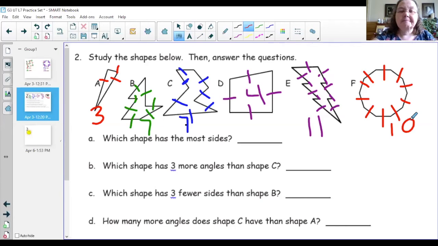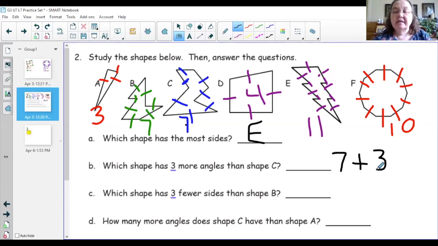Okay, let's look at A. It says, which shape has the most sides? Did you choose E? Because E has 11. Then it says, which shape has 3 more angles than shape C? Well, I see that shape C has 7 angles, and it says 3 more angles. So what does that mean I'm going to do? That's right, I have to add it. And 7 plus 3 equals 10.